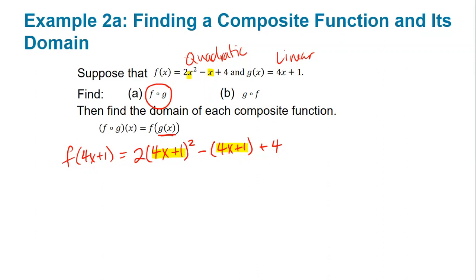After I do that, we're going to FOIL, distribute, combine like terms. Why do I have to FOIL? Because the 4x plus 1 is squared.